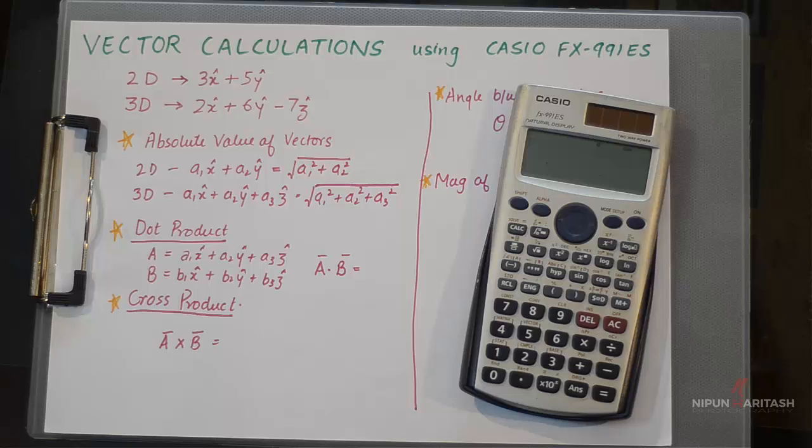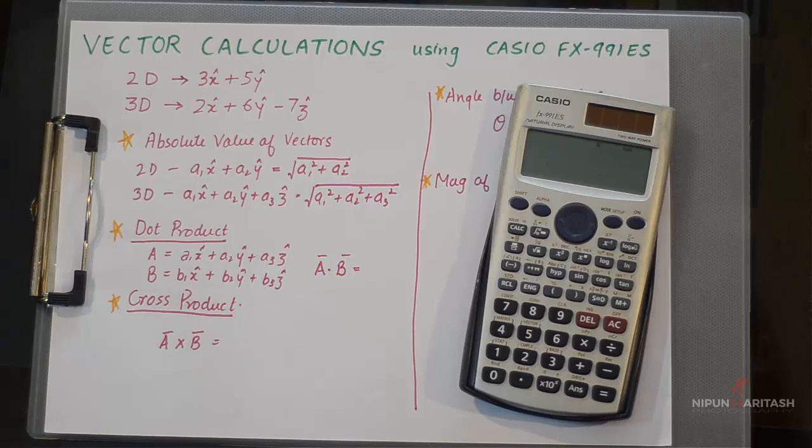The vector calculations are not as easy as calculating other things in Casio because there are a lot of options that may sound a little confusing to a lot of people. So I'll go very slow in this tutorial.